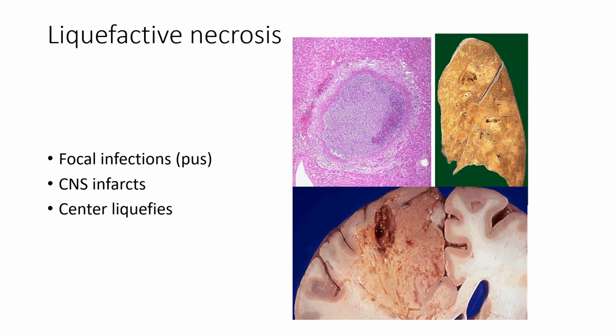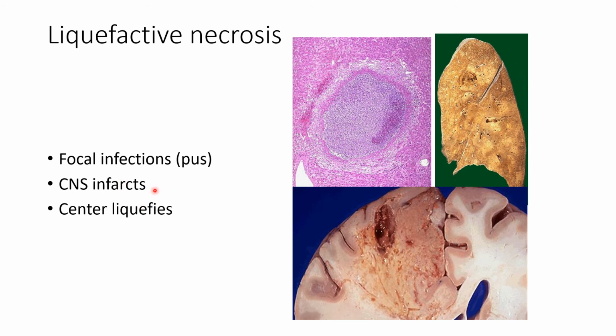The second pattern of necrosis is called liquefactive necrosis. And as I said in the previous slide, ischemic injury in all solid organs can cause coagulative necrosis, except in the brain, it is liquefactive necrosis.